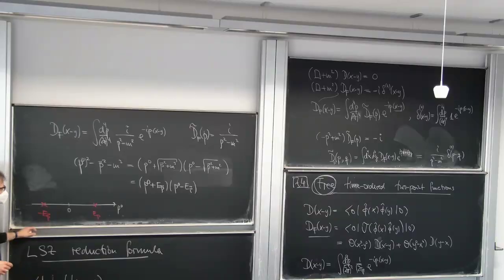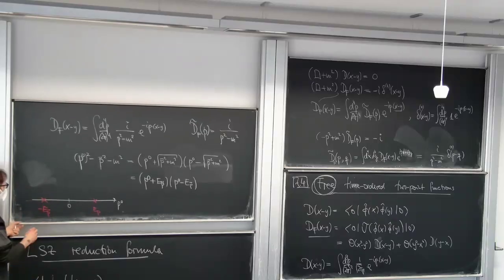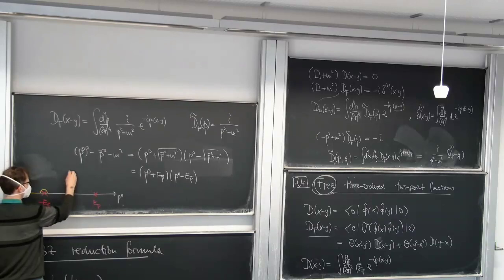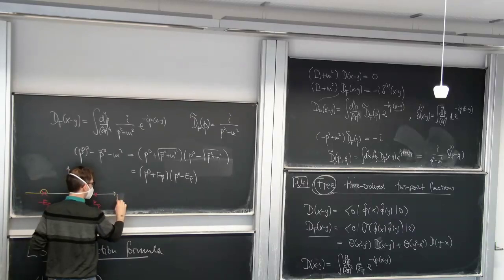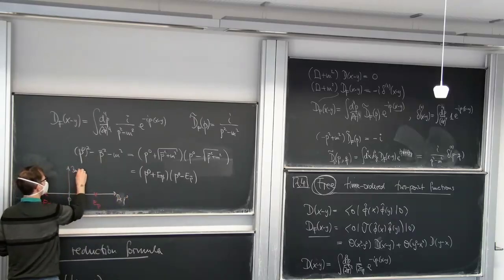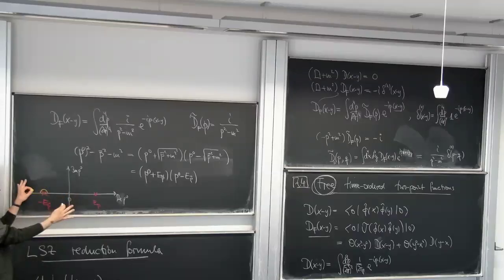To make this well defined, we have to say what we do here. Principal value would be one way, but we can also just go around it in the sense of the complex plane. So let's use this picture and say this is the real part of p0, and that's not the function, but this is the imaginary part of p0, and the function is on top of here.